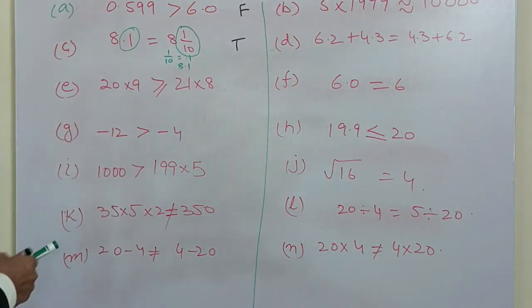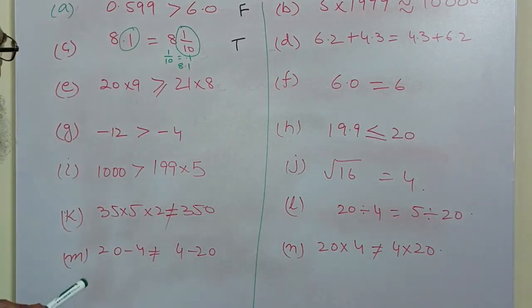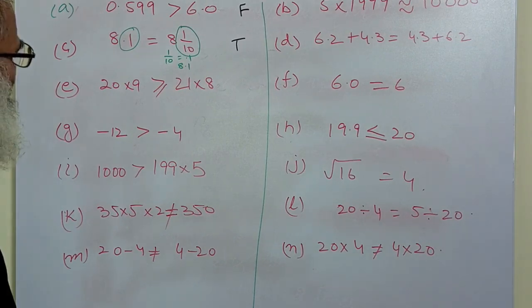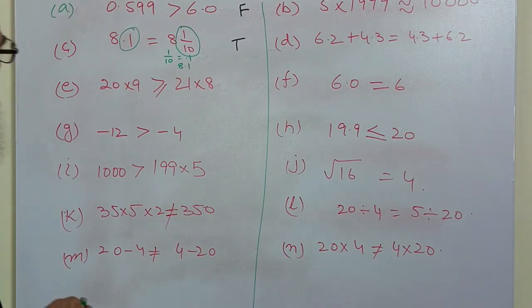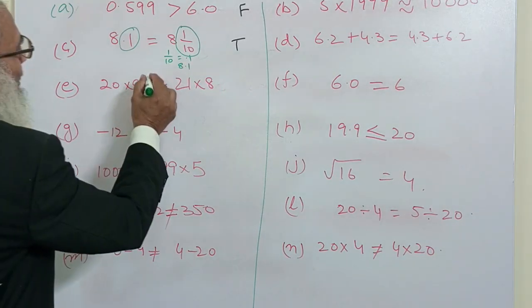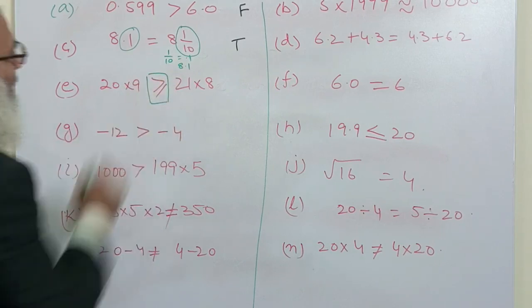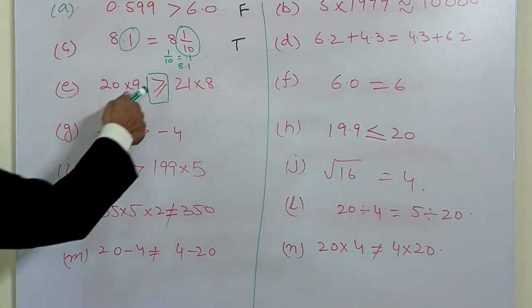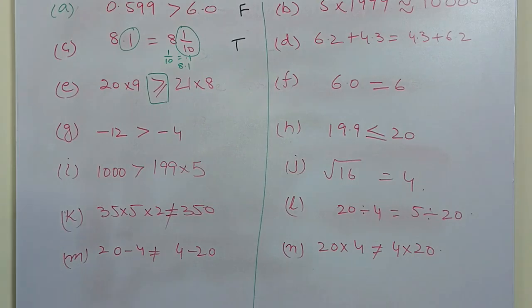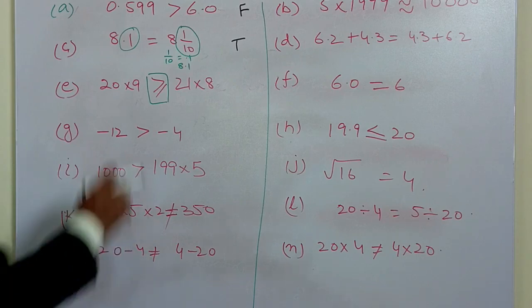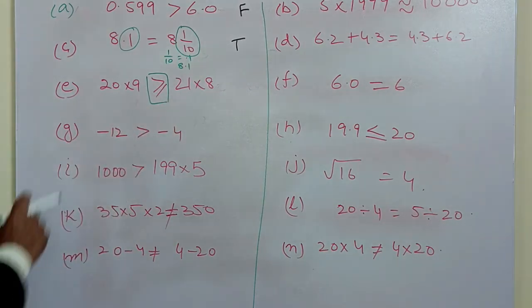20 multiplied by 9 is greater than or equals to 21 multiplied by 8. So you see there are two conditions written over here. One is greater than and other is equal to. Both the conditions must satisfy this inequality or equality.